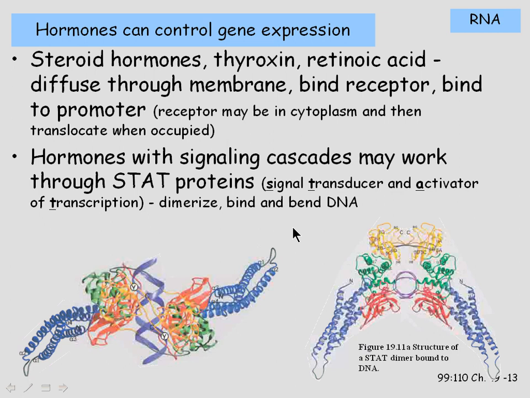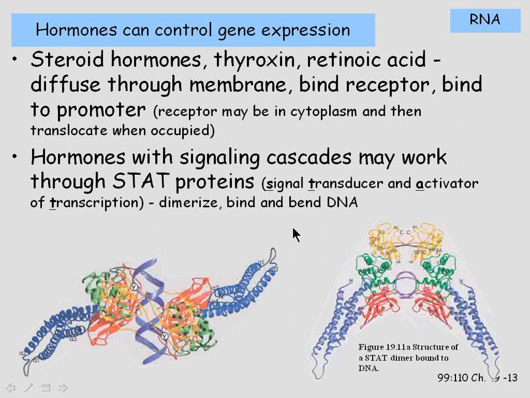We talked a very little bit in the integration of metabolism about the idea of hormones and that hormones can integrate metabolic behavior. We talked a little bit about how some of those things integrated at the level of the cell and the level of enzyme activities. But hormones can also act by actually changing gene expression.